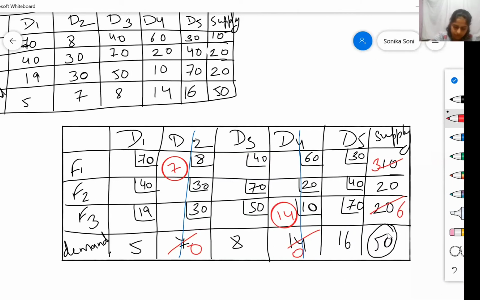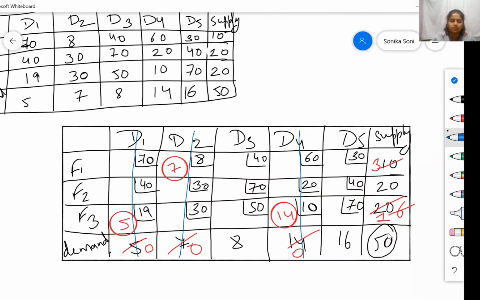So when we allocate F3 D1, the full 5 is allocated, so we get 0 here, and supply becomes 1. Now we have demand as 0 in the D1 column, so we have to cancel the column out.